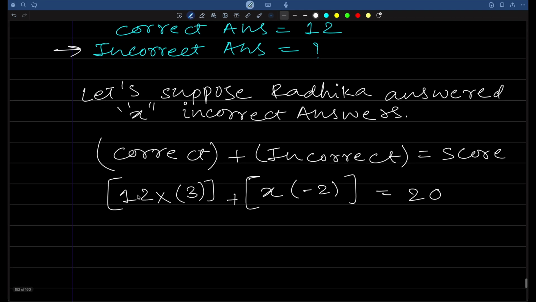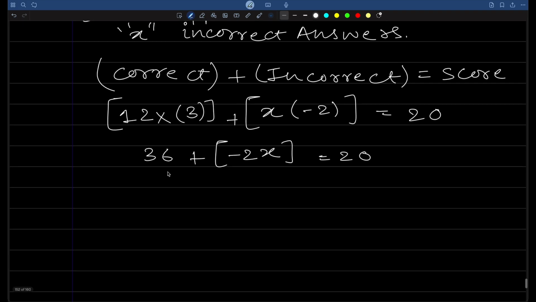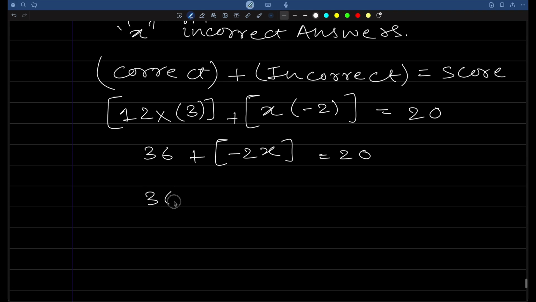So 12 into 3, that is 36. We have plus into minus is minus, minus 2x, that is equals to 20. So 36 minus 2x equals to 20.